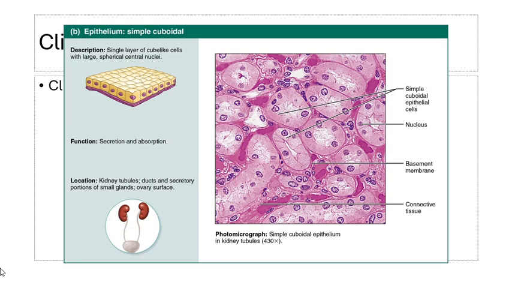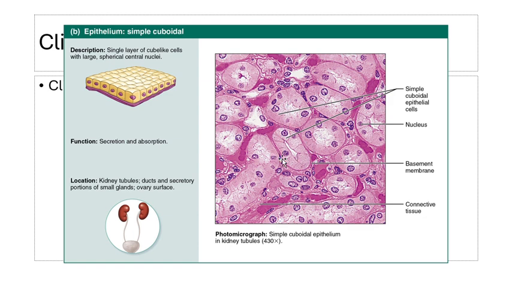The next type of simple layer is called simple cuboidal. The simple cuboidal, for example, here at the kidney, this could be the distal convoluted tubule or proximal convoluted tubule.